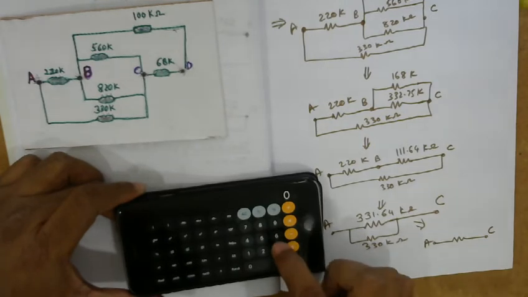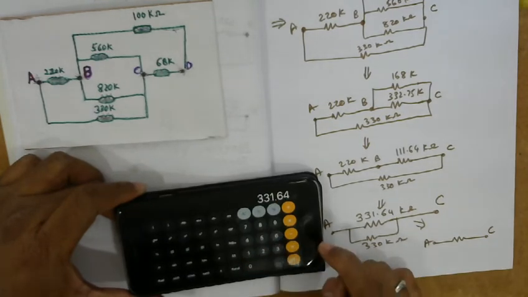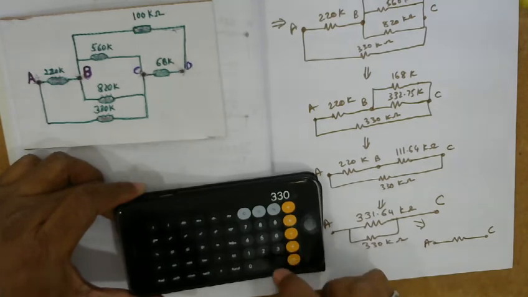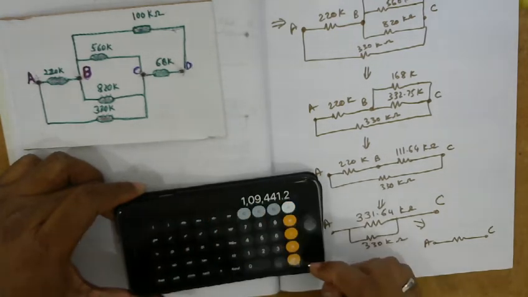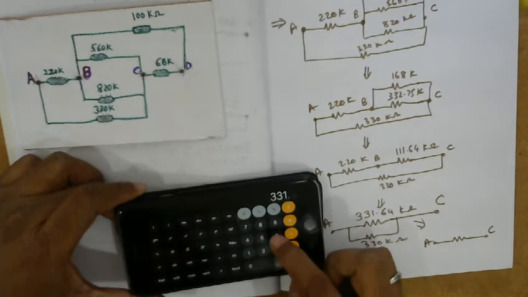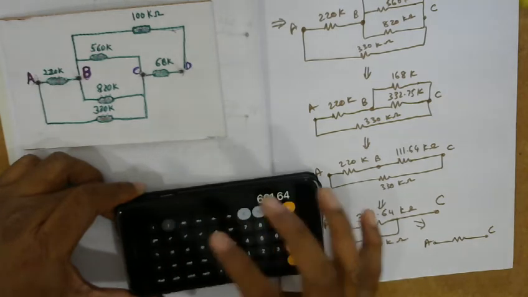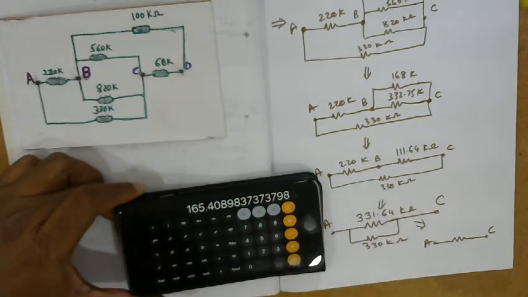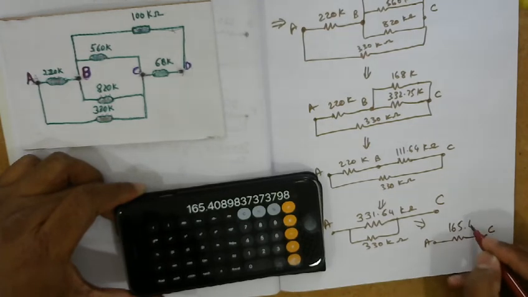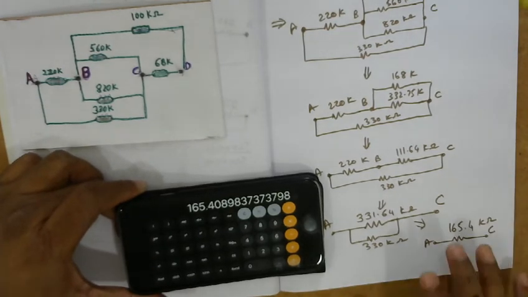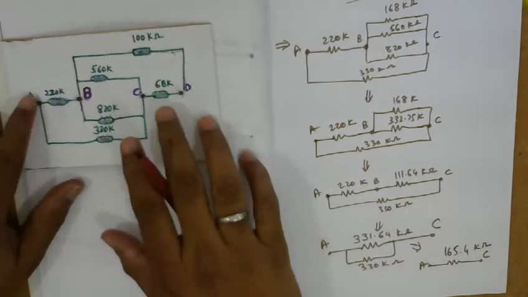So first 331.64 multiplied by 330 and then divided by 331.64 plus 330. I'm getting 165.4 kilo ohm. So this is the calculated equivalent resistance between the terminals A and C.